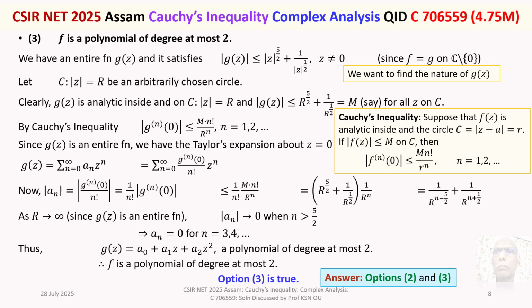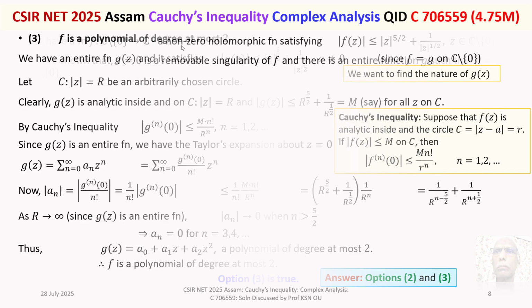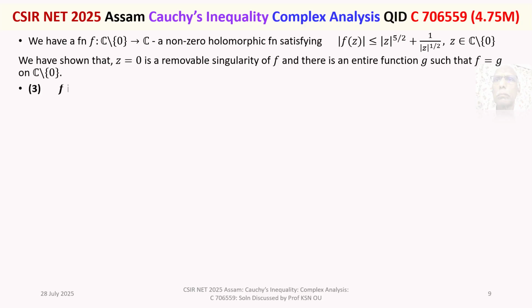Yeah, this option 3, I will show you by using generalized Liouville's theorem. So we'll take option 3: f is a polynomial of degree at most 2.